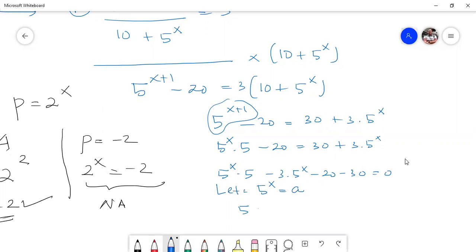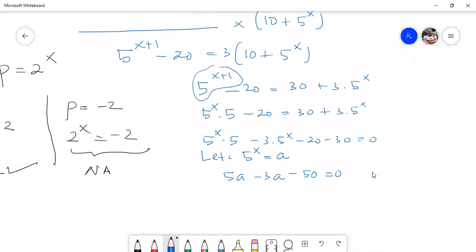So you have 5a minus 3a minus 50 equals 0. Then you will have 2a minus 50 equals 0, so 2a equals 50.